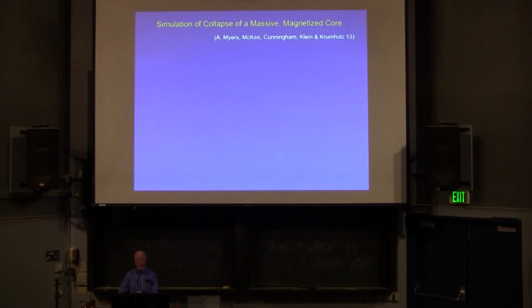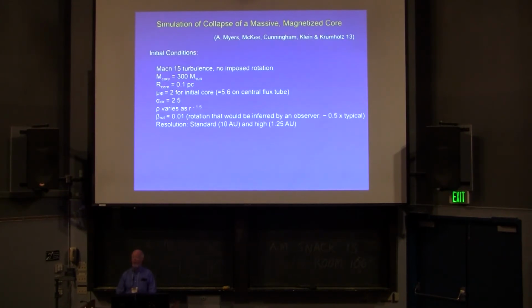So then I'll just describe in a little more detail the work that one of my students, Andrew Myers, did together with Andy Cunningham, Richard Klein, and Mark. We were looking at the formation of a massive star, and as a fringe benefit, we got to study the formation of a disk.